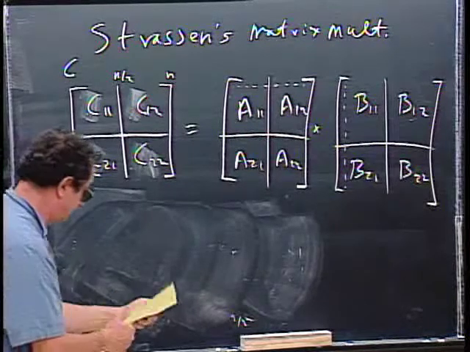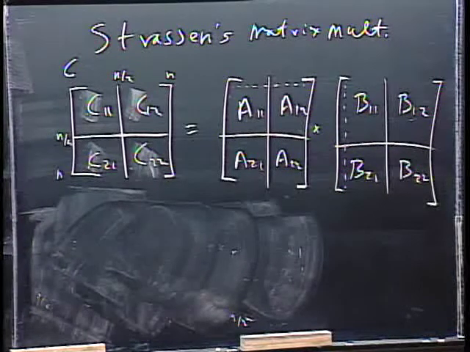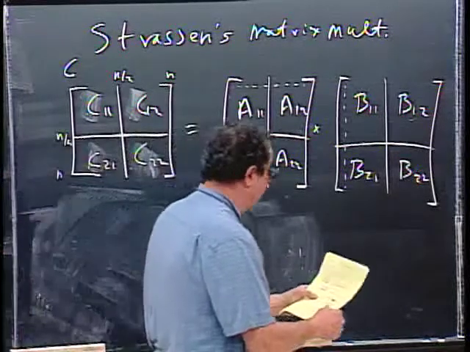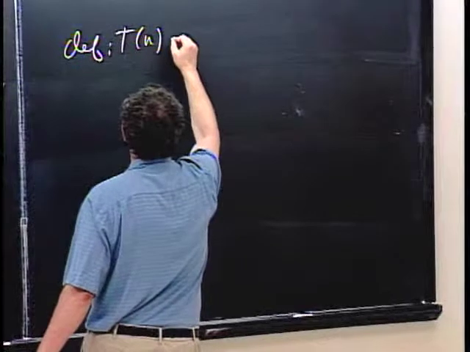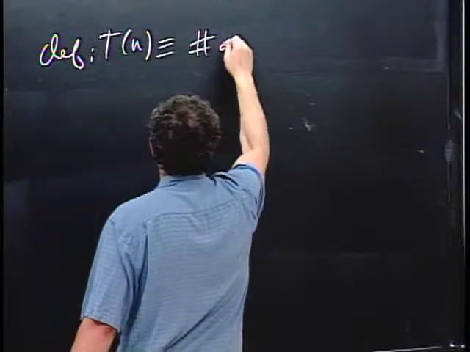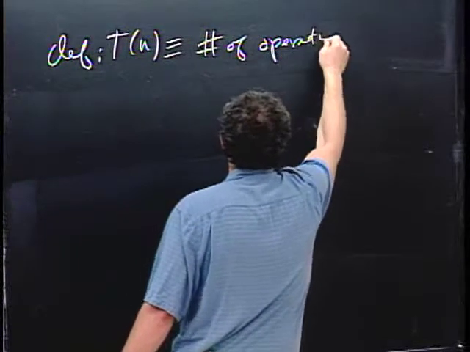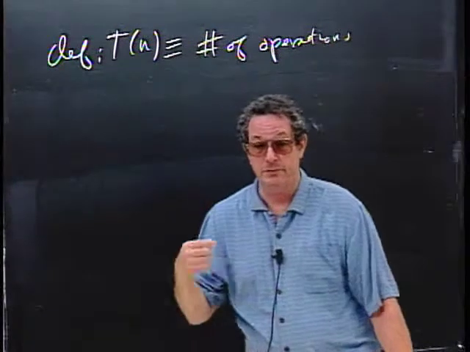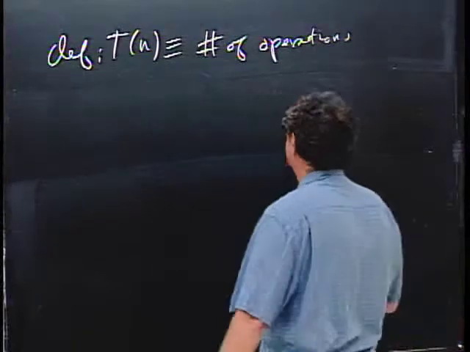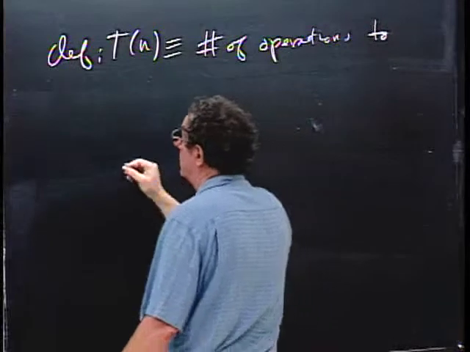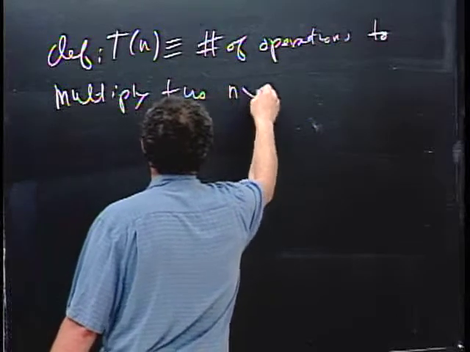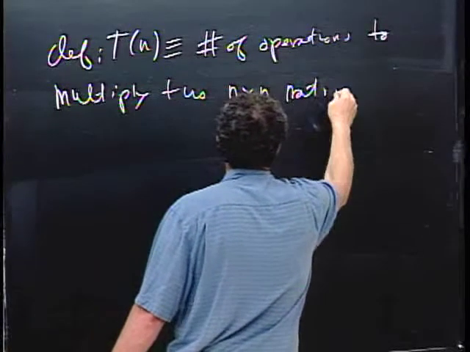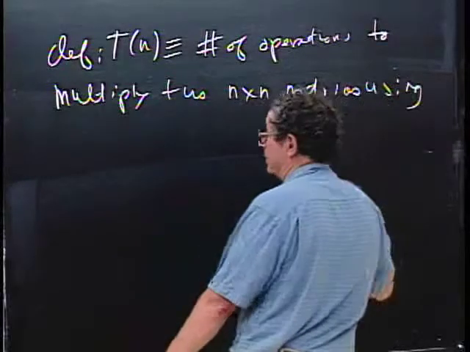Okay, so we'll define T of n to be the number of operations, multiplications and additions, on individual numbers, to multiply two n by n matrices using divide and conquer.